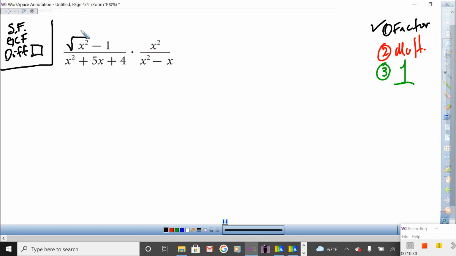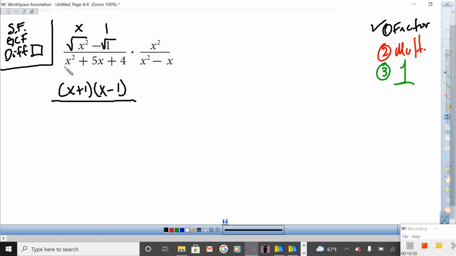Can I take the square root of this? Square root of this. So therefore, that is a difference of squares, so we write x plus 1, x minus 1. So the numerator is factored already. So once again, make sure we still are going through our process, but make sure you're scanning it through here when you're doing the factoring portion, yes?